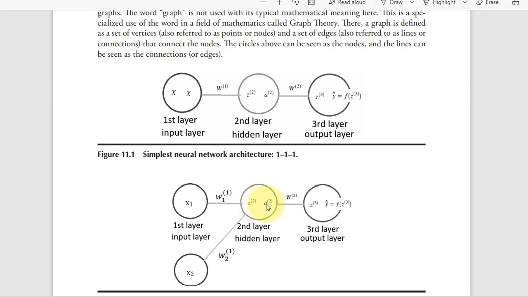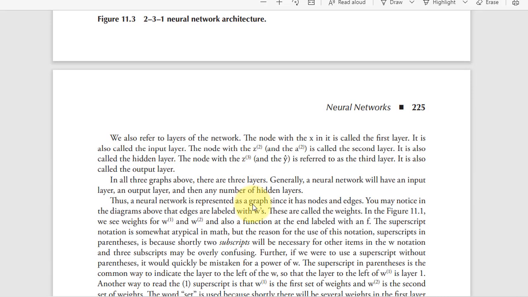So in order to get from here to here, what we do is we take this value, z2, and we put it into a function. So what function are we going to put it into?